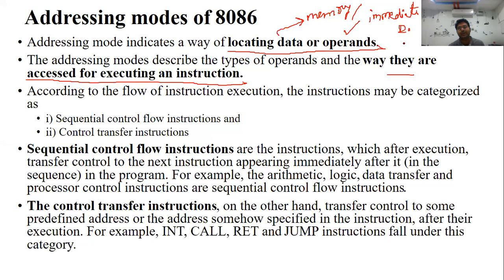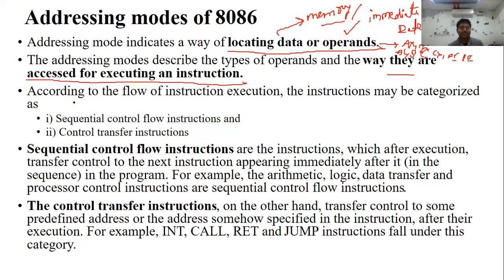You know the different types of operands: AX, BX, CX, DI, SI, and AL, BL, CL, like that. How effectively you use these operands, and how effectively we can locate the data in the memory, decides how effectively the program is executed. So all these things are given by the addressing modes.